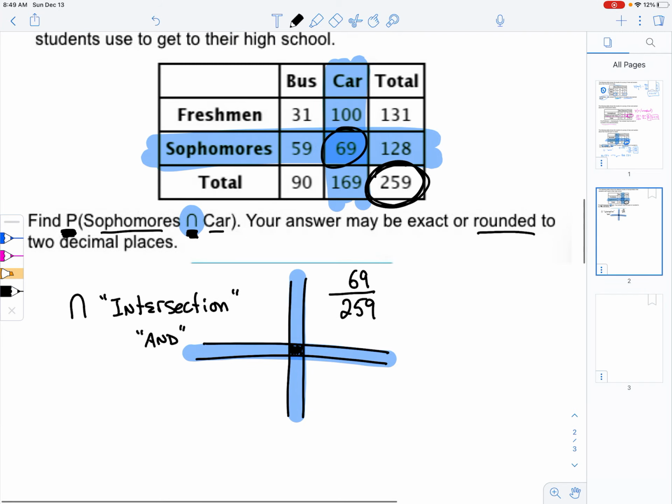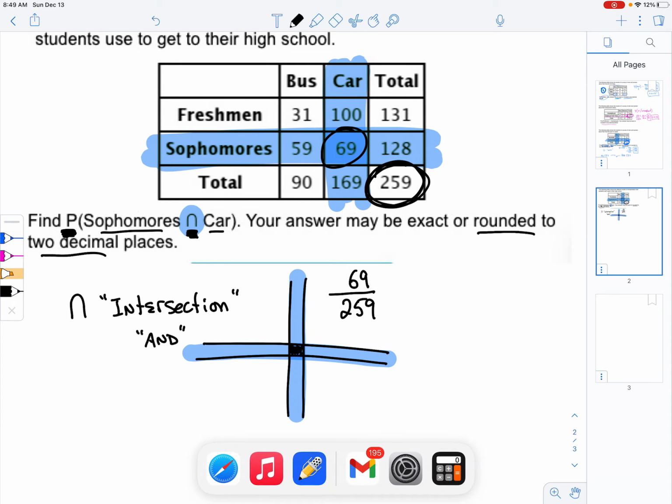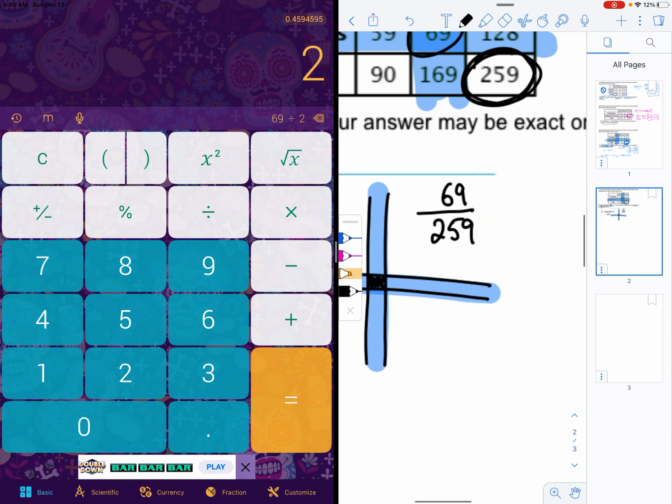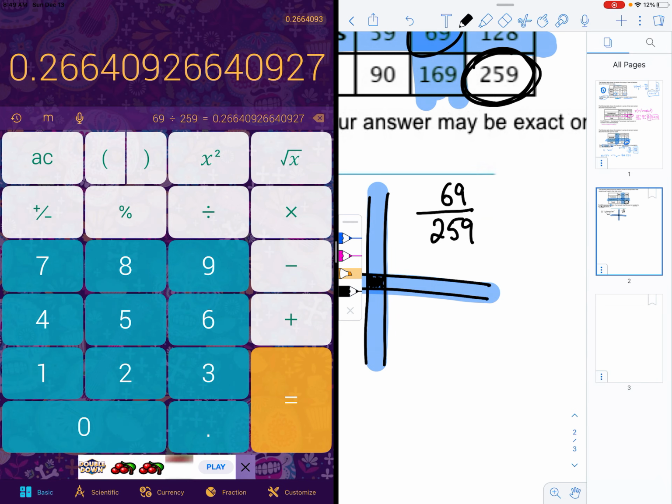So for this one, I'm going to use the rounding to 2 decimal places technique. 69 divided by 259, and it says round to 2 decimal places. So I'm going to say 0.27. And I think I would skip the simplifying and just go with the decimal on that one.